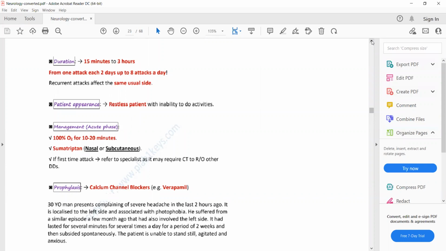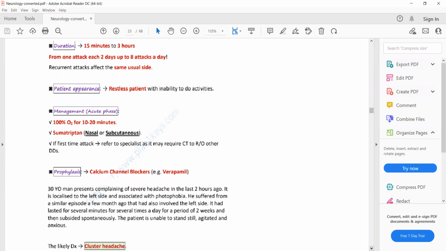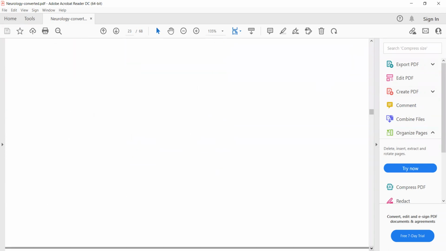Plus, in a patient with migraine, one attack will last for several hours to several days, while in this case the person is getting an attack several times a day. So these two points, and furthermore the patient is unable to stand still, agitated, and anxious, mean it is most likely cluster headache. Yes, your answer was right.